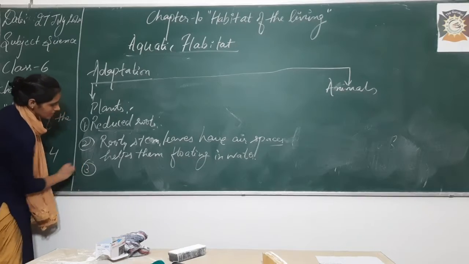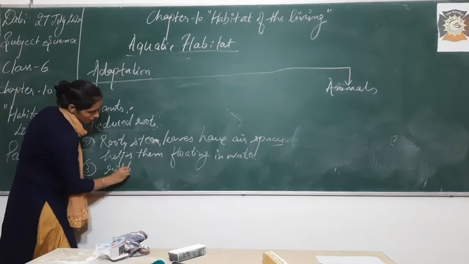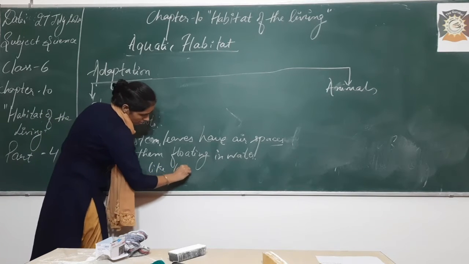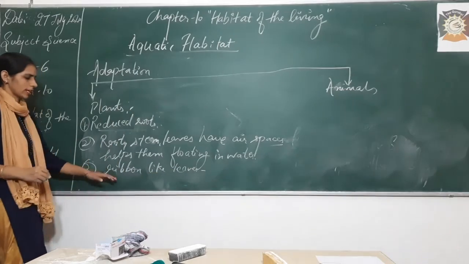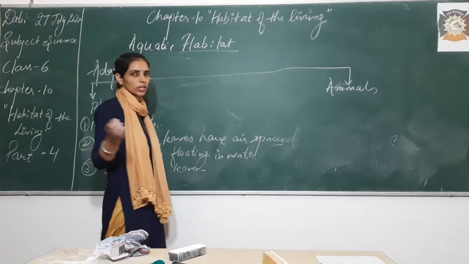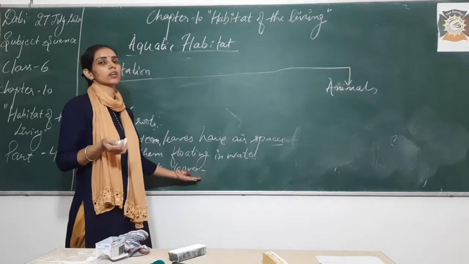Next, as you might have observed in the case of hydrilla, what does hydrilla have? Hydrilla has ribbon-like leaves. What does it help them with? It helps them so that water can easily flow, and it prevents the leaves from getting torn up.